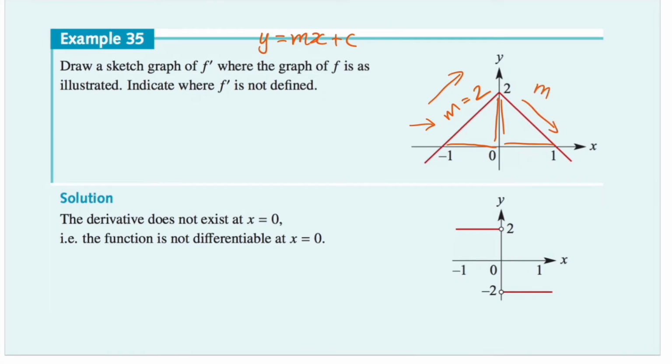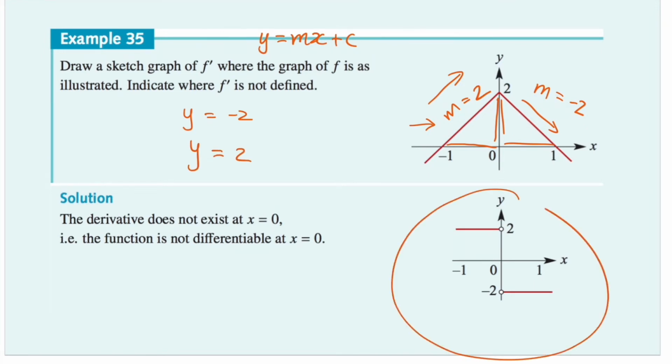So we say that the gradient equals negative 2. If we sketch these two functions, y equals 2 and y equals negative 2, we have the following derivative function graphs, and it's clear that the derivative does not exist at x equals 0. So our conclusion is that the function is not differentiable at x equals 0.